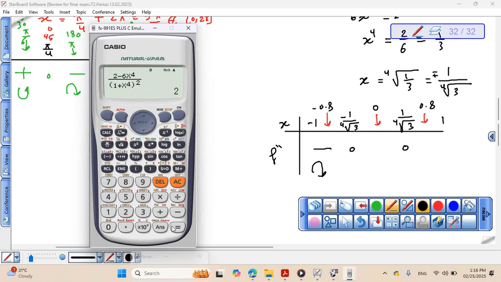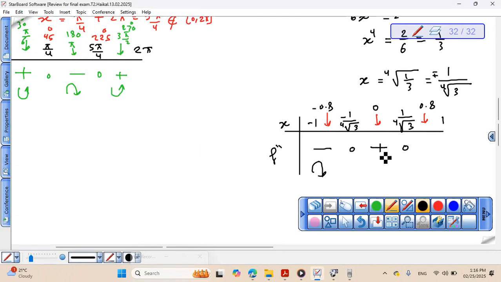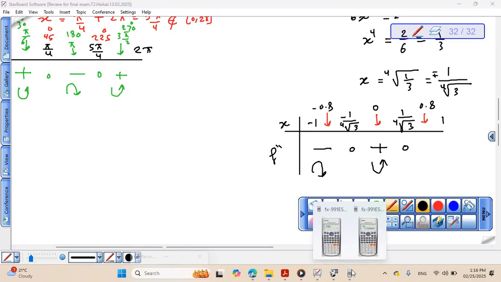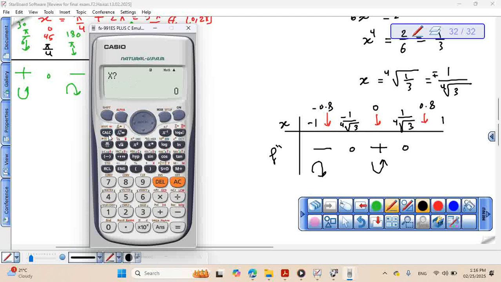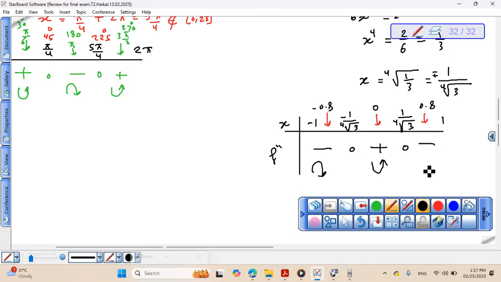What is the answer? 2, positive. Concave up. Also here, calculate at 0.8. What is the answer? Negative. Concave down. This is the question.